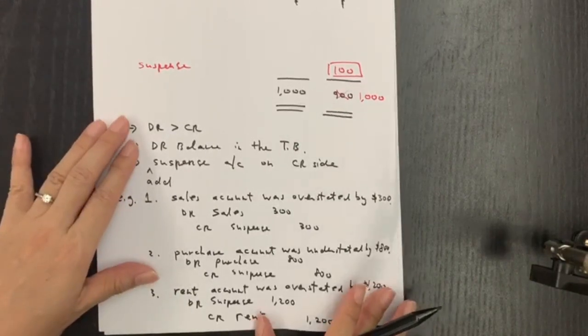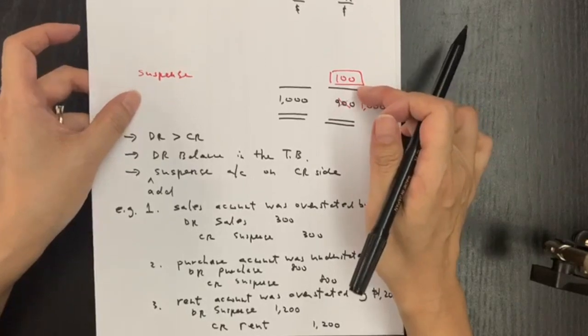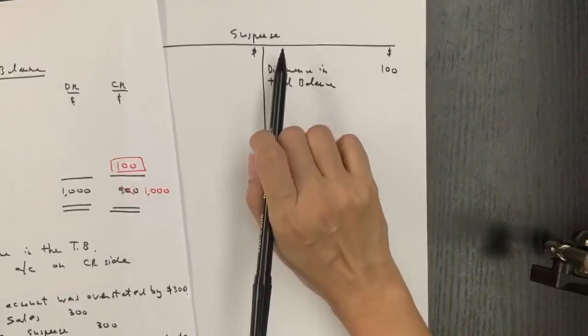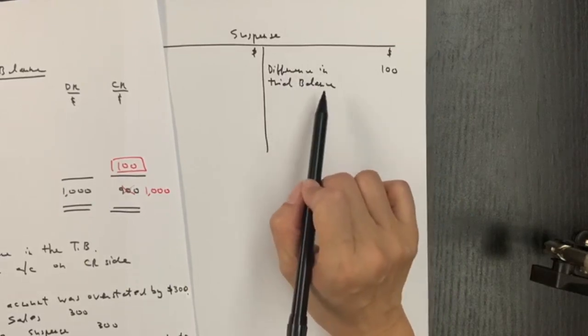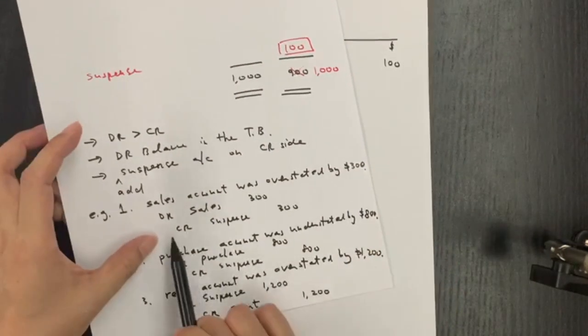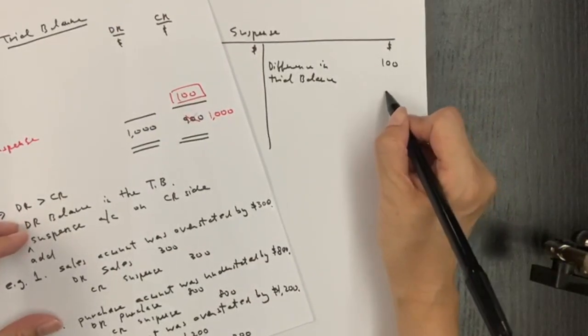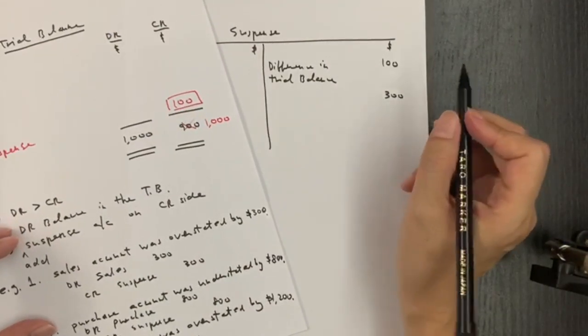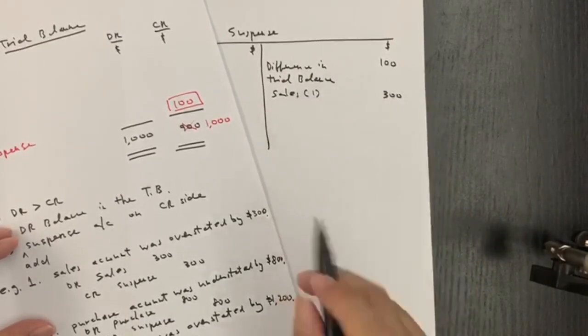now let's look at the impacts on the suspense account. So here we start with the suspense account on the credit side. I have this suspense account on the credit side 100, and the description is difference in the trial balance. Now for step number 1, I credit suspense by 300 because of sales. I just do posting, and this is related to number 1.